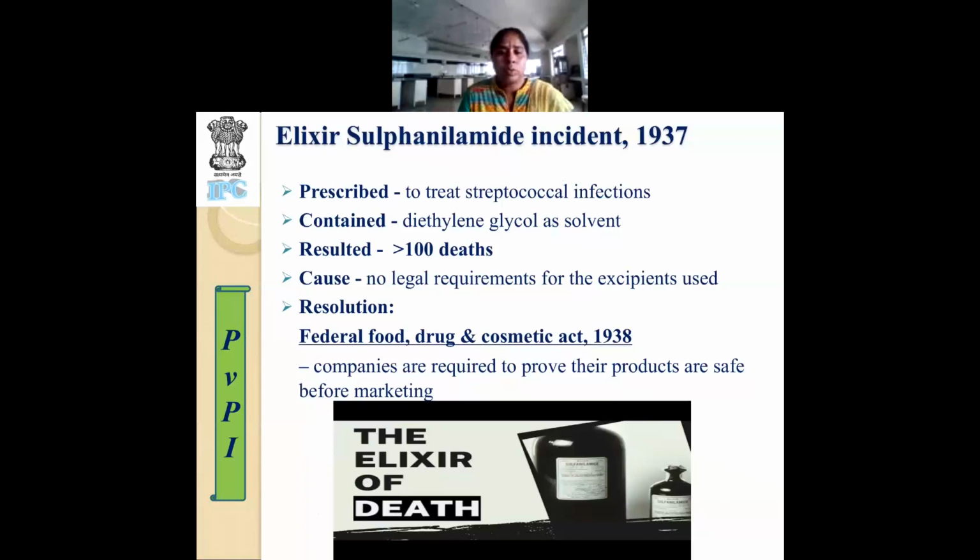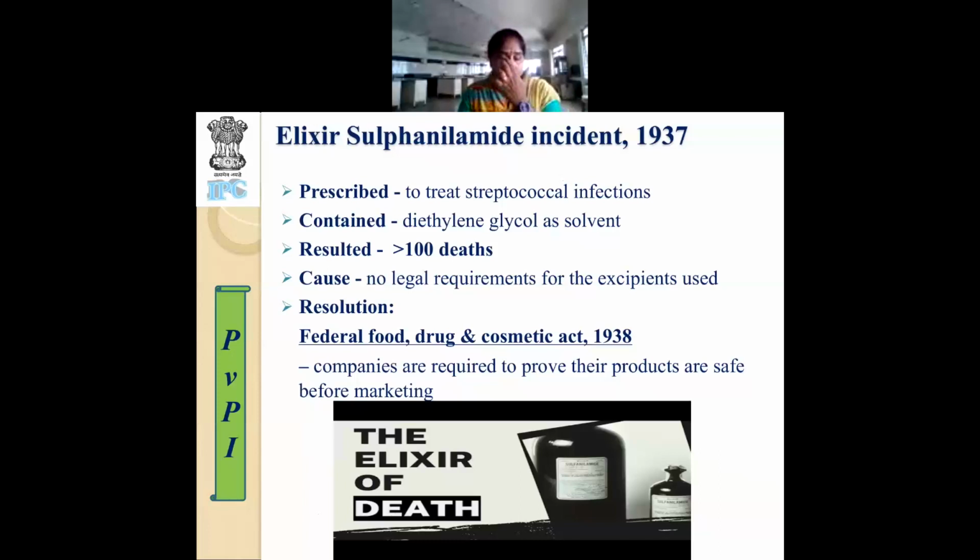It was the culprit that produced the deaths. Out of 105 deaths, 32 were children and the remaining were adults.